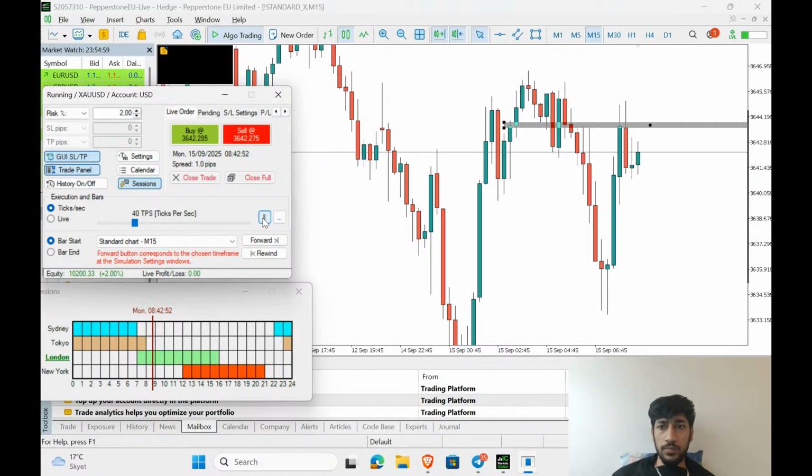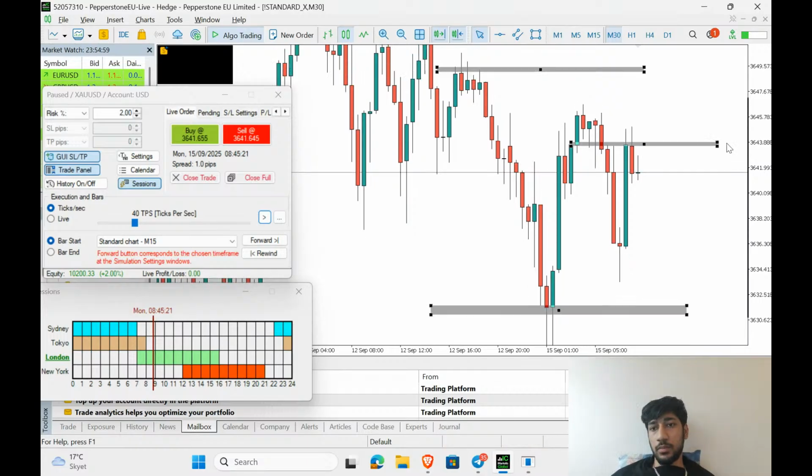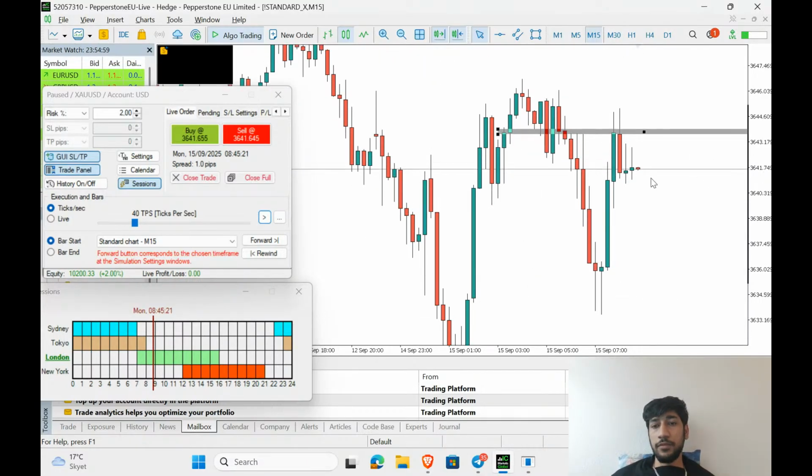See, M30 we are coming down. M15, this candle from a high to low.